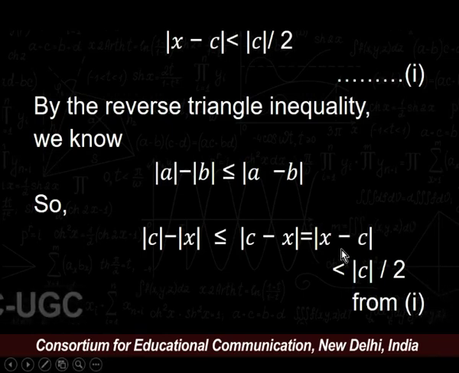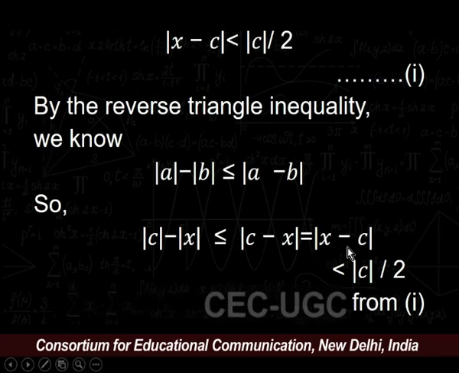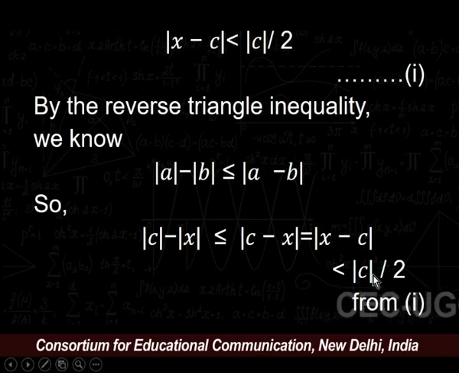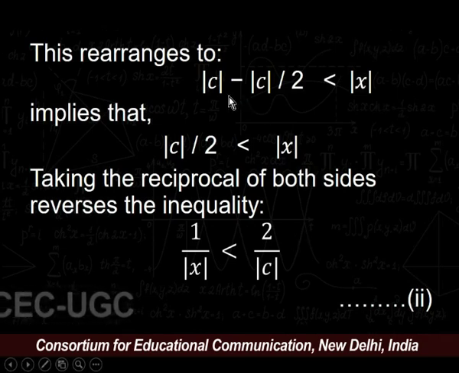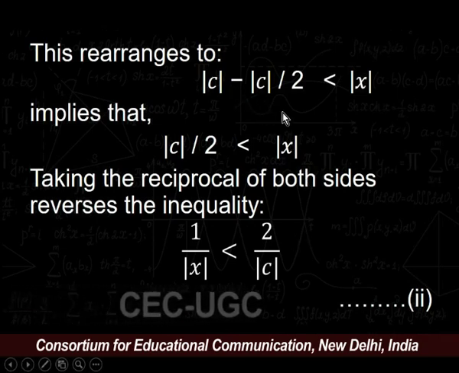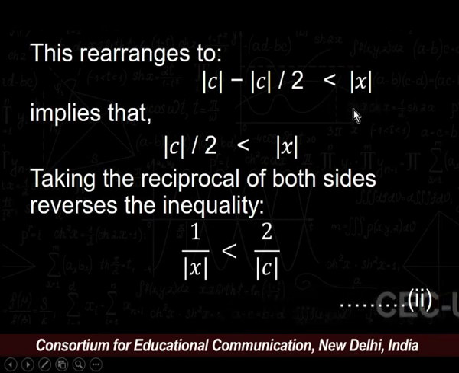From equation 1, we can replace |x - c| by |c|/2. So, we get |c| - |c|/2 is strictly less than |x|.